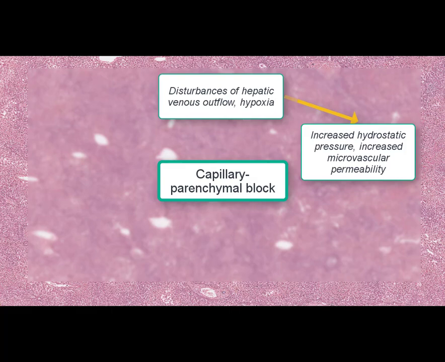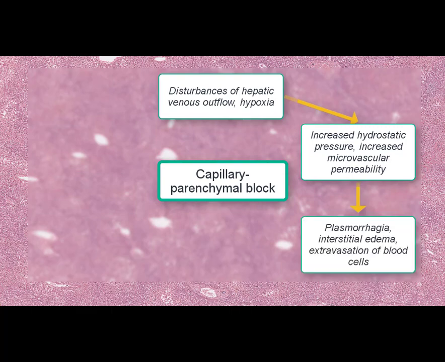Then it leads to increased hydrostatic pressure as well as increased microvascular permeability. This leads to plasmorrhagia, edema of the interstitial space of the liver, and extravasation of blood cells.